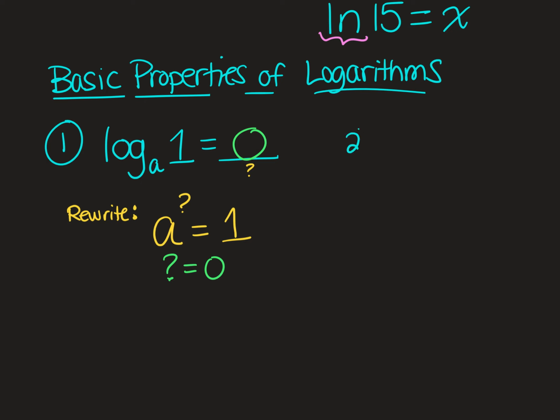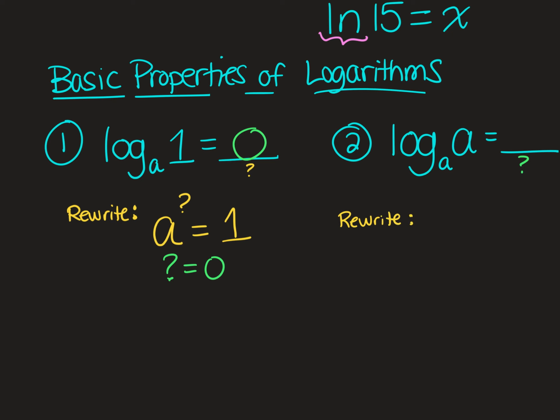So our second property, let's talk about this one. Now I have log base a of a equals something. Again, I'm going to think of that something as just being a question mark for a minute because we're going to fill in the blank here. So rewrite it. If you're having trouble, no matter what, you can always try to rewrite.